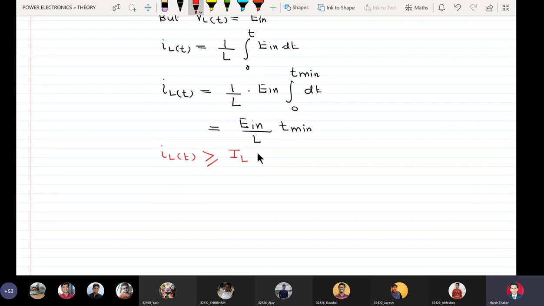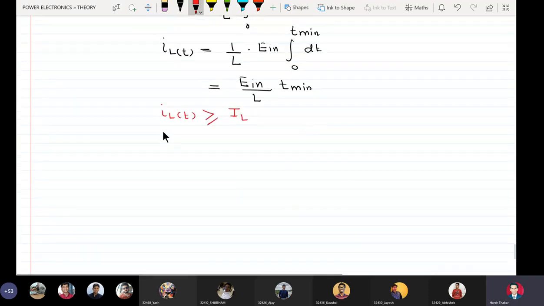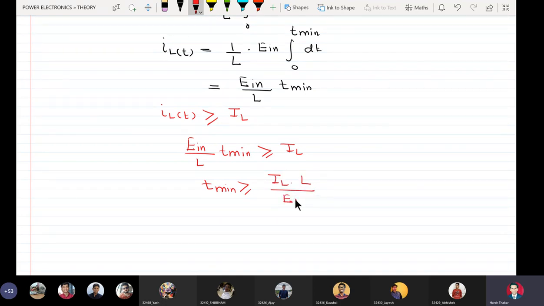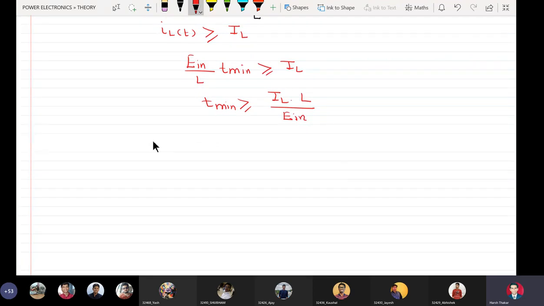That means E in upon L into T min should be greater than or equal to 4 milliamperes.